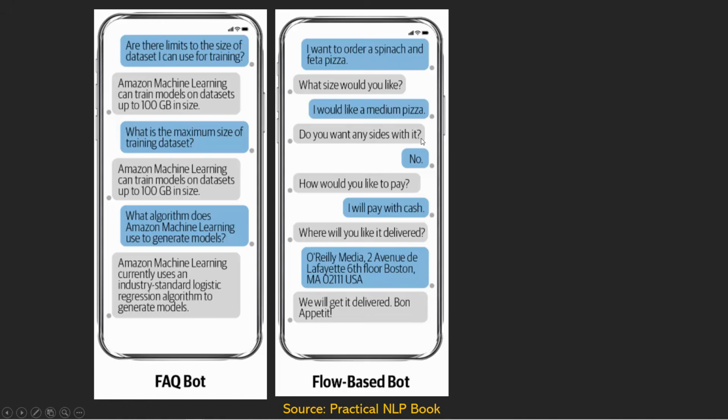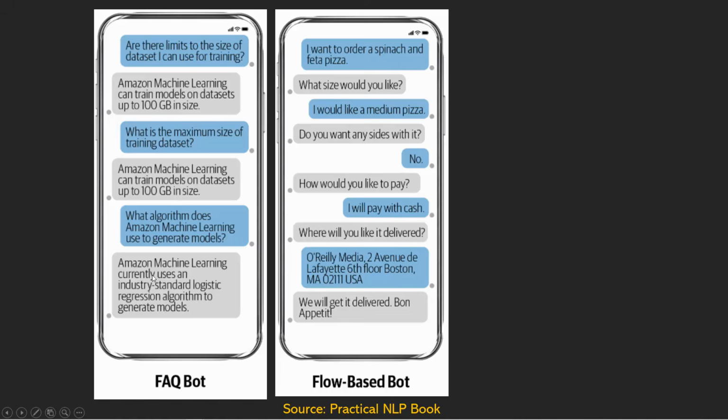When you say, do you want any sides with it, at this time it knows that you're talking about pizza, so it is already connecting. It remembers the context. Okay, so when you say, how would you like to pay, at this time it remembers the context that you're talking about pizza.